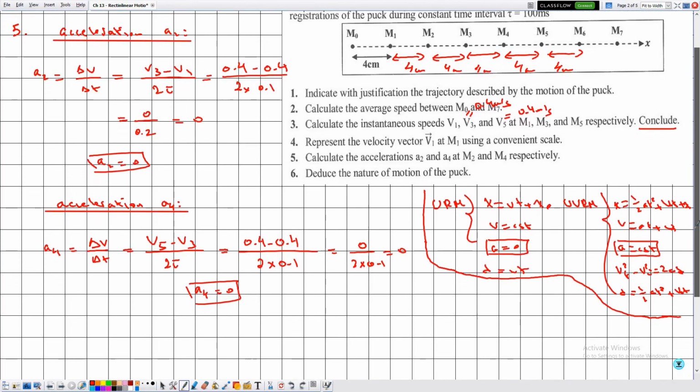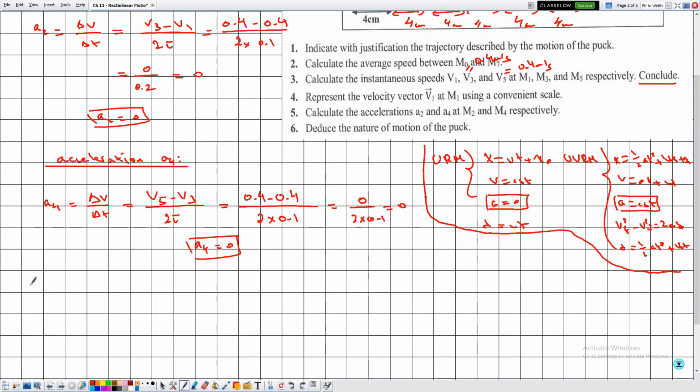So they are telling us to deduce the nature of motion of the puck. Since the trajectory is rectilinear, and the speed is constant. Why is the speed constant?